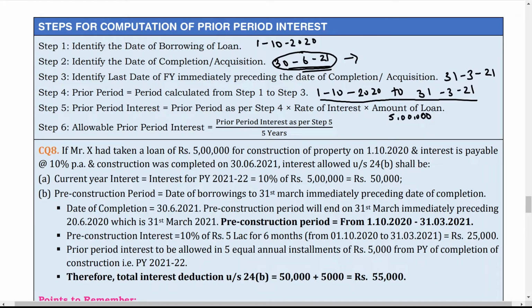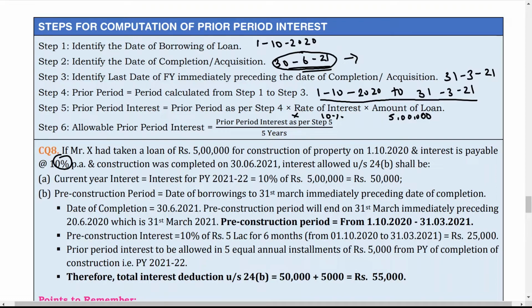The rate of interest is 10%, mentioned here. So multiply by 10%, multiplied by how many months? If you calculate the months from 1st October 2020 to 31st March 2021, you will get 6 months.